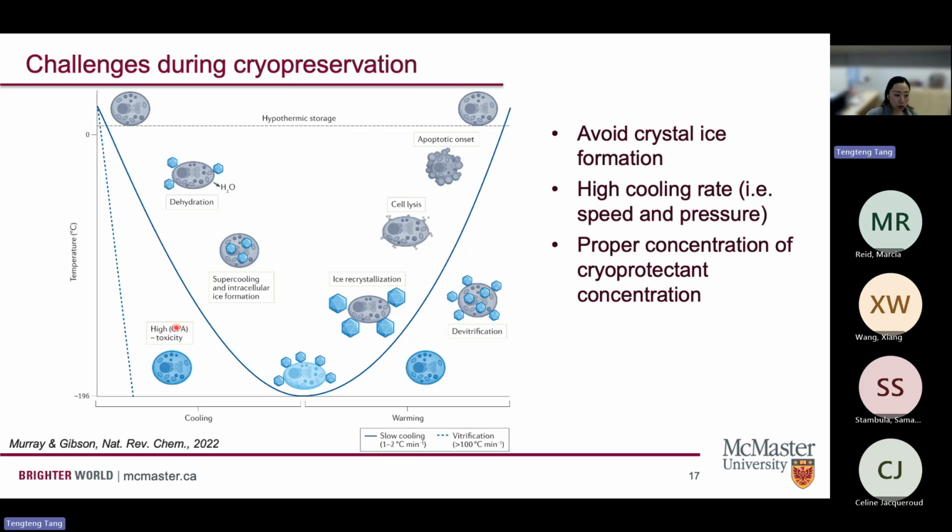The cryoprotectant agent can lower the freezing point of the water, which can also be very advantageous for cryogenic preservation of the cells. Of course, the same ice crystallization can appear during the warming process if the warming speed is really slow. But today I will only be focusing on the cryogenic preparation side.